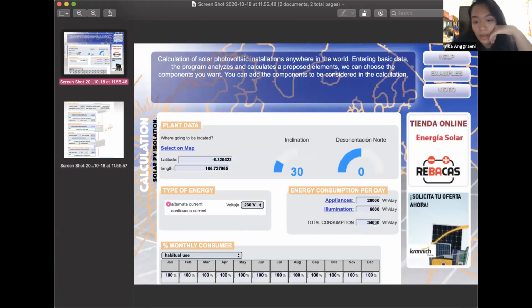Yeah, I think so. This is from my calculation of what I pay for the electricity.